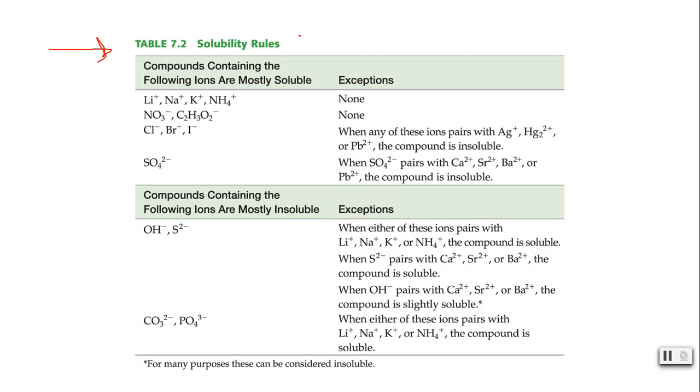So just a reminder of how to use these solubility rules. The way that this chart is organized is that species that are in this region where it says mostly soluble, that means that species dissociates into its cations and anions in aqueous solution. So things that are mostly soluble have this state of AQ, aqueous.